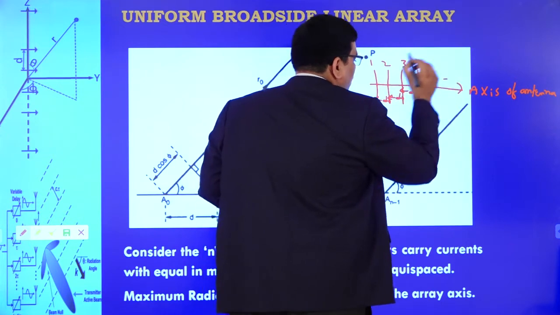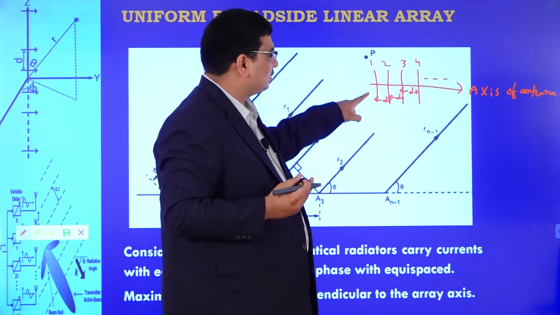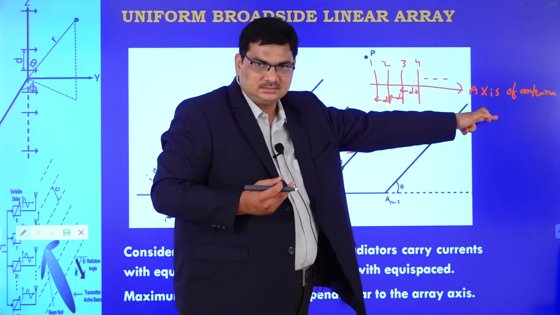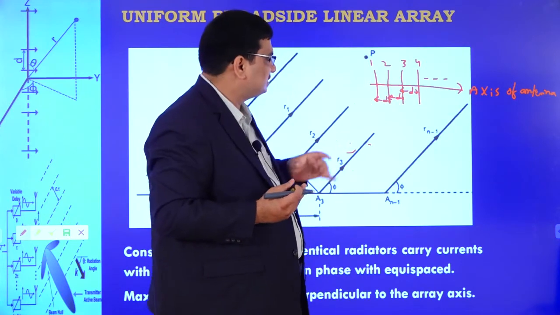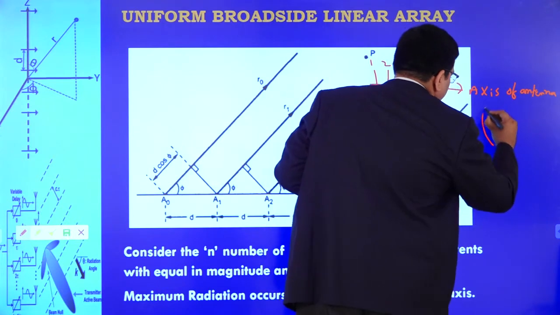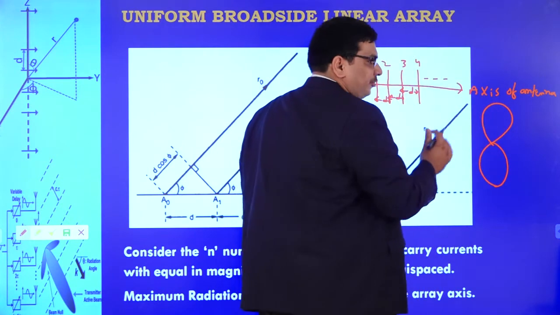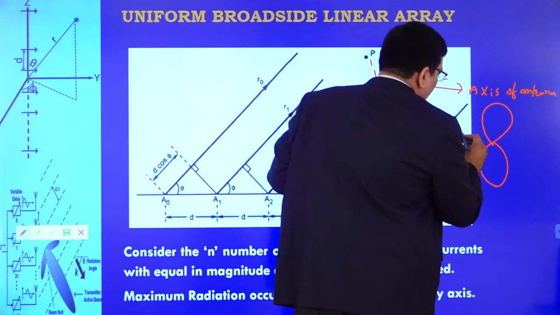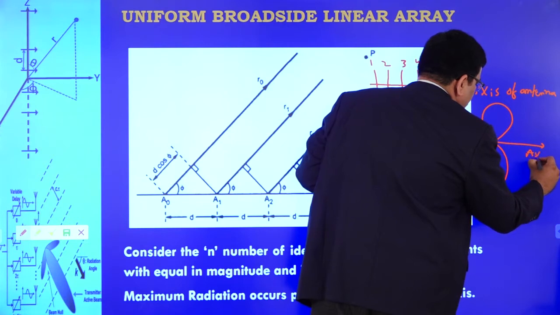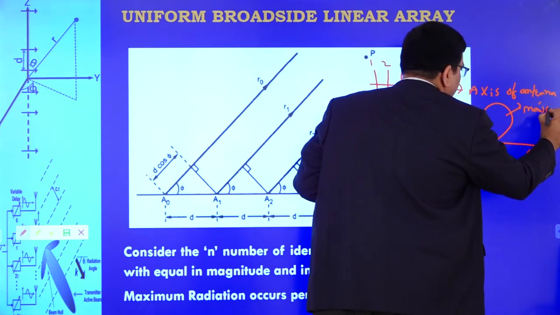Here, the element positions are perpendicular to your axis, and this is the radiation pattern for a broadside array with 2 elements. The pattern is always perpendicular to the axis. This is your major axis.